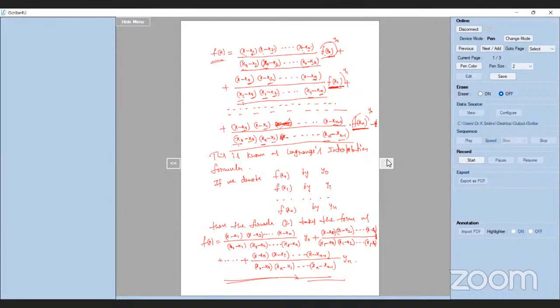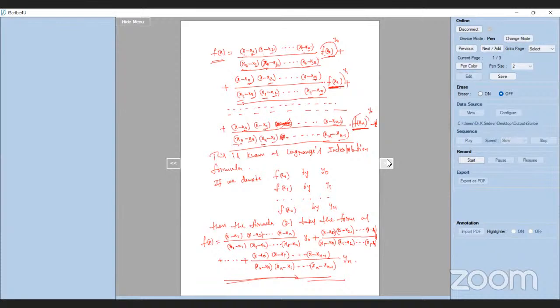Suppose there is a problem to find the polynomial, we can use any formula. If you use this formula or that formula, you get the same result. That means the accuracy is the same. There is no difference, so for the problem we can use any formula.